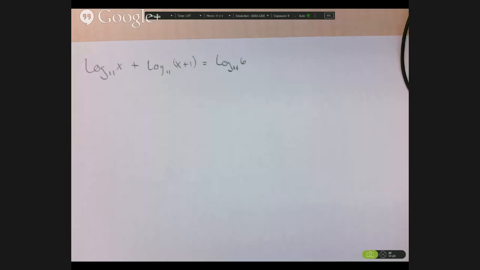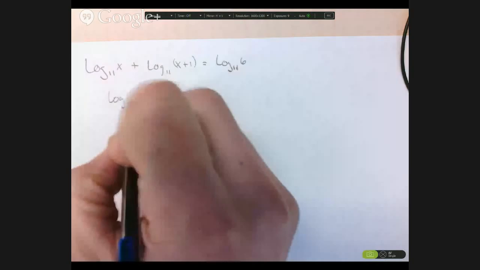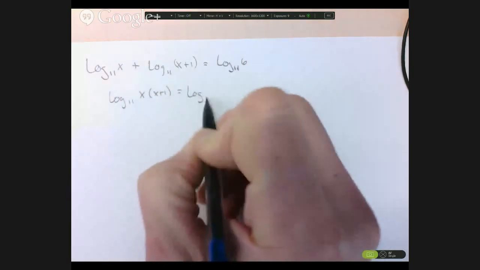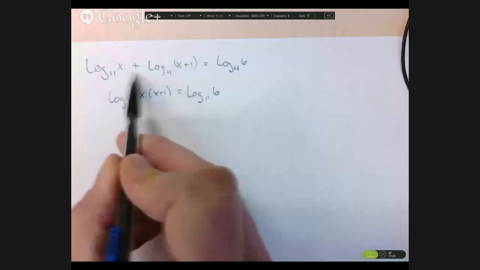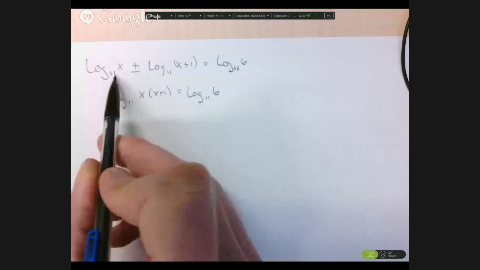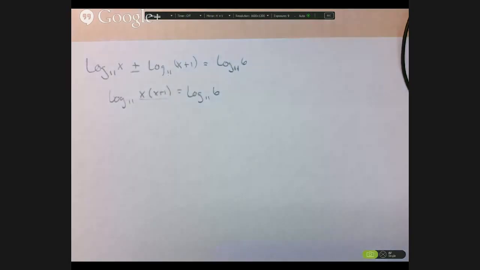And what does it give me? Log base 11 of x squared. You're thinking on the right track. Log base 11 of x times x plus 1. So the property says, if those are added with the same base, I can multiply these together in the same log.